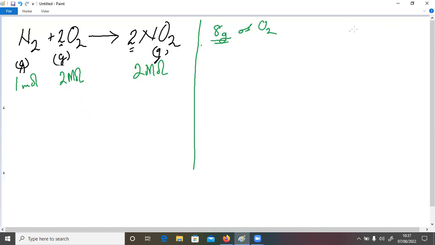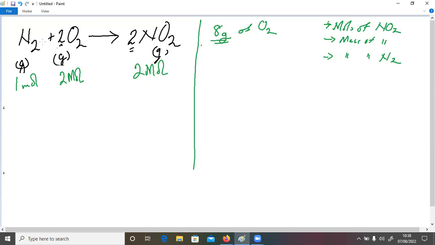So if this is the number of grams of oxygen which we reacted, let's look out for one, moles of nitrogen dioxide produced, two, volume of nitrogen dioxide produced, and three, mass of nitrogen dioxide produced, and the mass of nitrogen gas which was used in the chemical reaction.